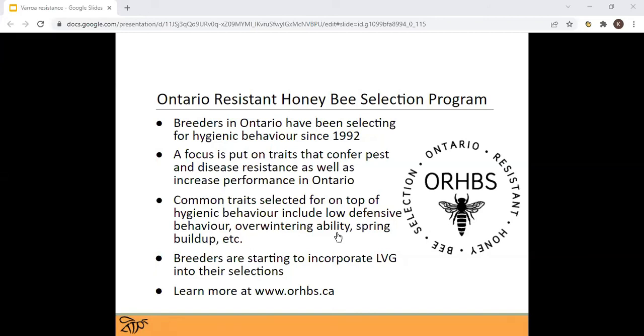But with this LVG, we're looking at making it just as important a selection as hygienic behavior, and making sure that it's standard across the program. So if you get queens from any ORBS breeder, you're getting those pest and disease resistant genetics in your bees.